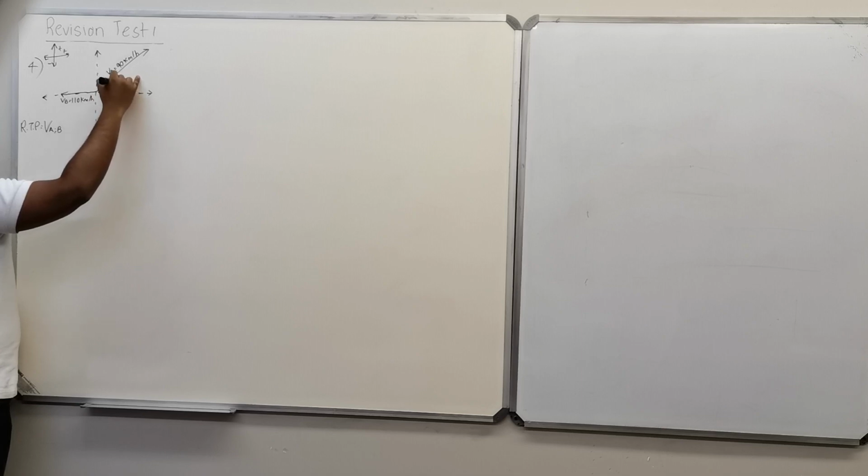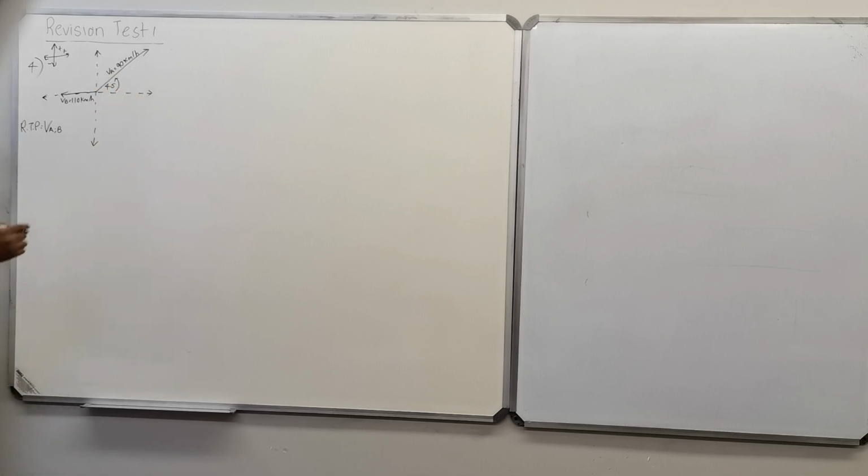Okay. What would you do next? We need to find the vertical and horizontal components of vehicle A. So how would you find it?